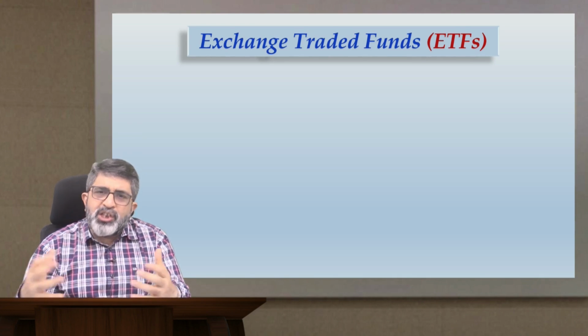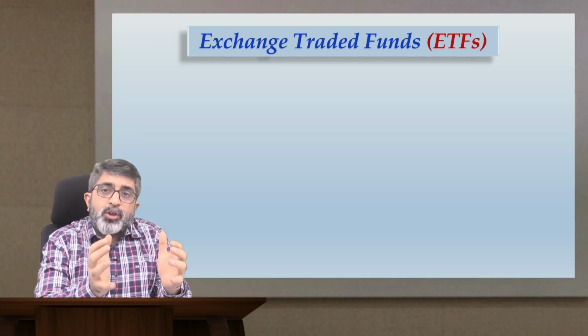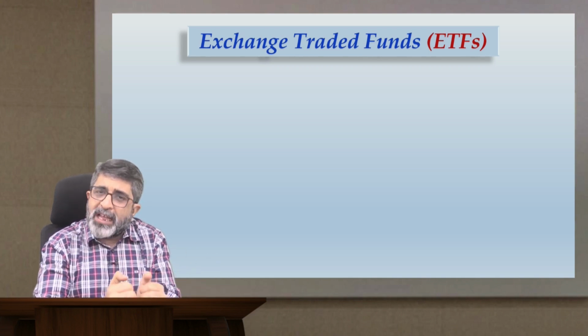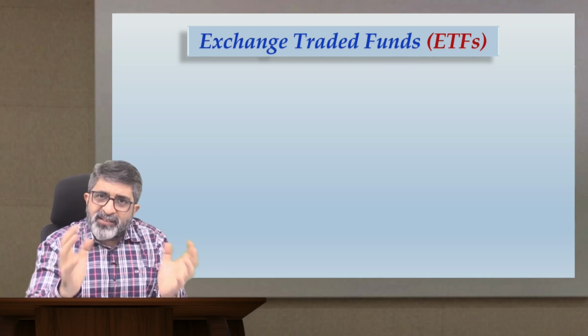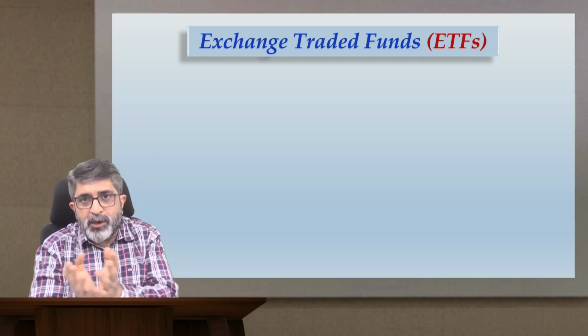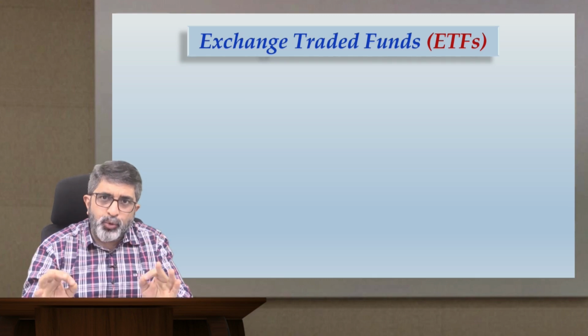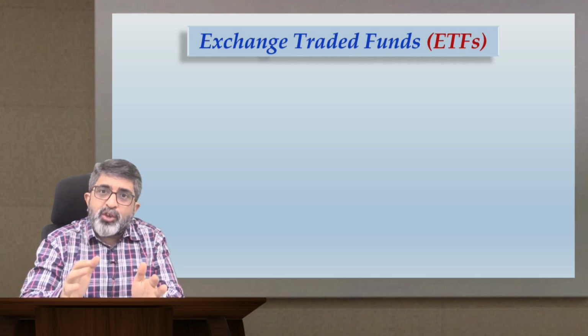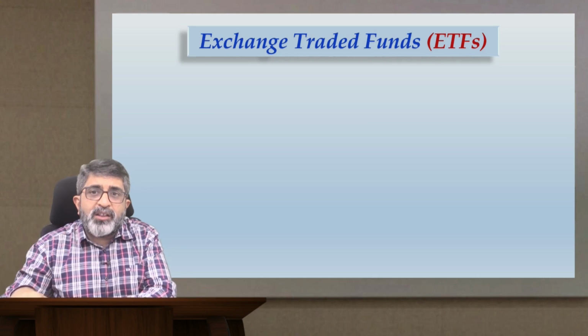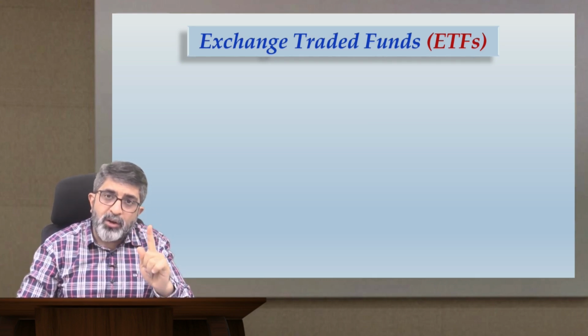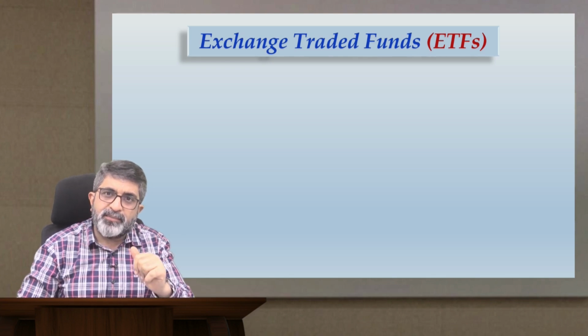So, initially, the authorized participants will be buying securities from the financial markets. A basket of securities will be delivered to the fund issuer or ETF issuer. These securities will be under the custody of the custodian. We have talked about the custodian also in the earlier classes.